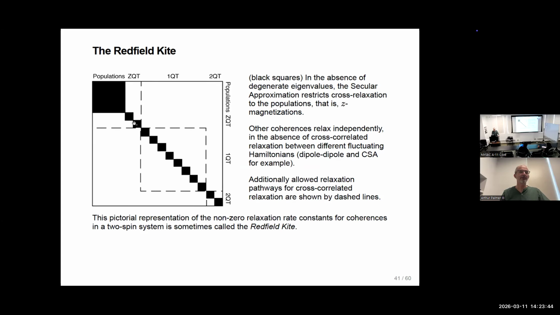And then the requirement that the eigenfrequencies be identical nulls almost everything else. So we have the NOEs up here, and then we have a bunch of operators that just auto-relax. They don't cross-relax with anything, and this is sometimes called the Redfield kite. Here's the head of the kite, and there it's straight.